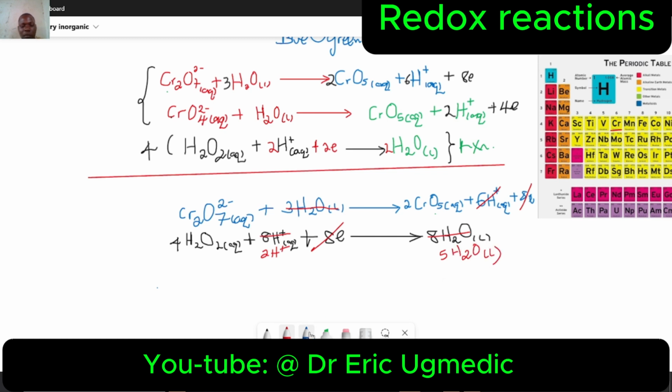So we can now have our overall equation down here after eliminating common compounds.